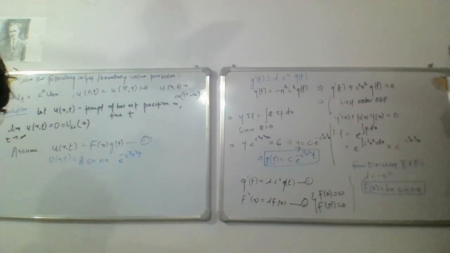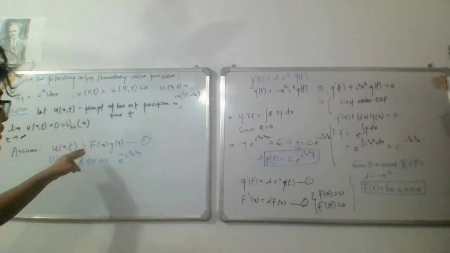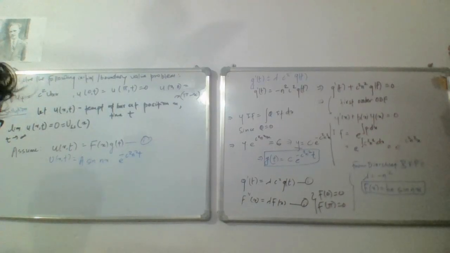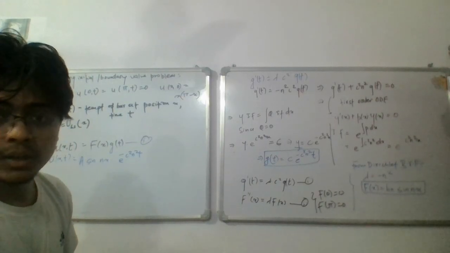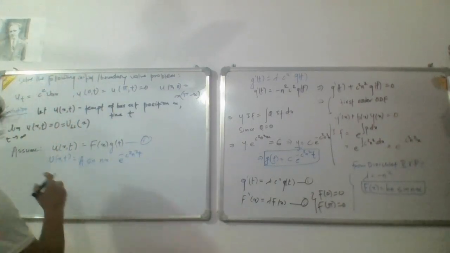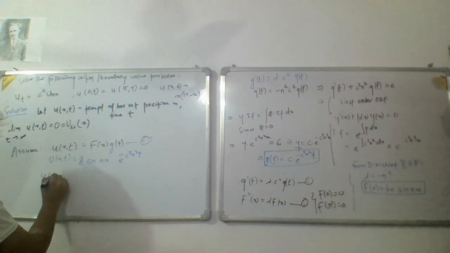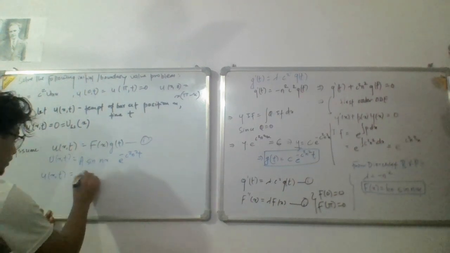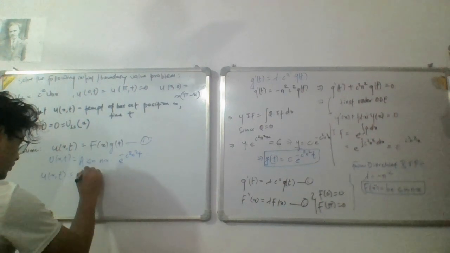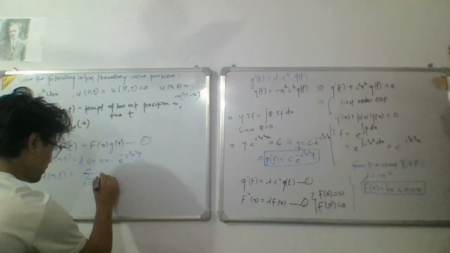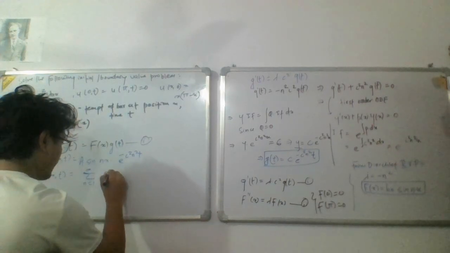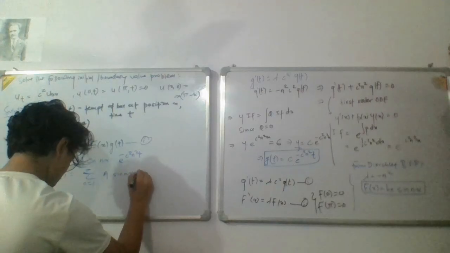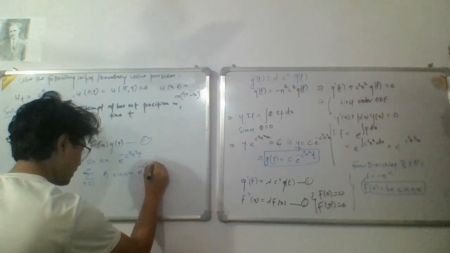Since I have already said that this is only one of the solutions, from superposition we can add all the solutions like these that exist, and for that we need to add a summation sign, summation n equals 1 to infinity. No matter how many solutions of this form there are, it accounts for all: a sine of nx e to the power minus c squared n squared t.